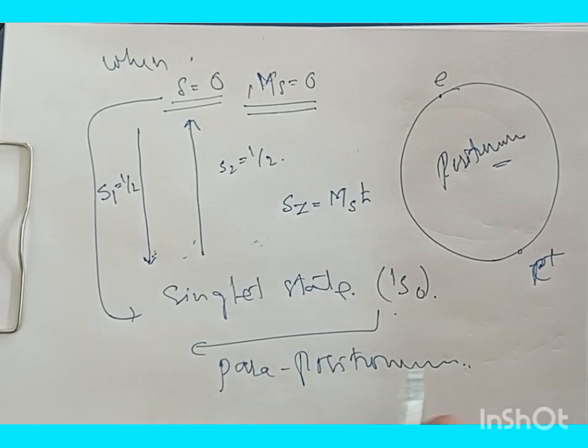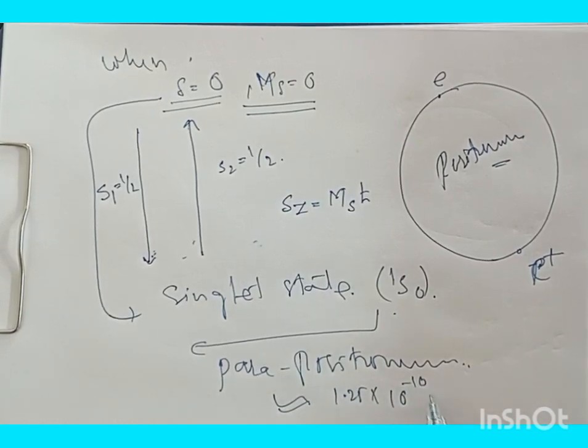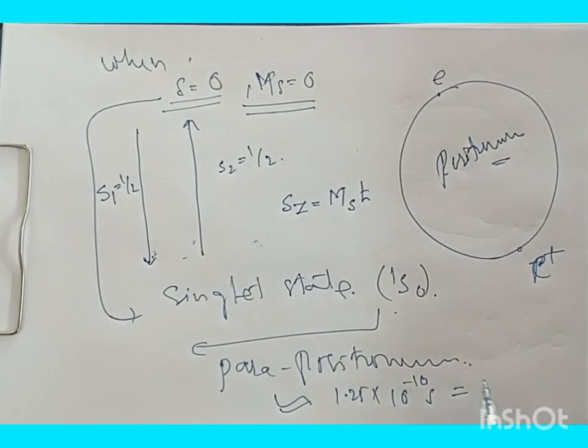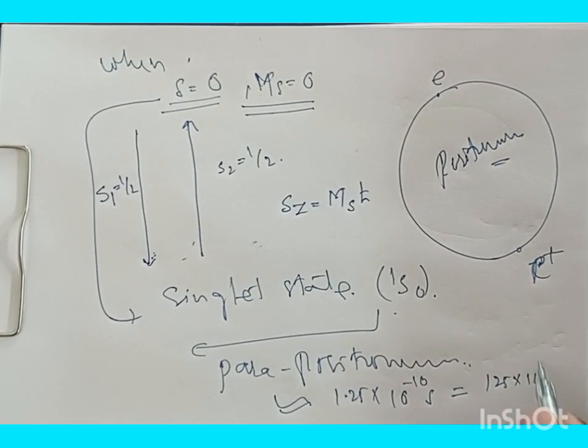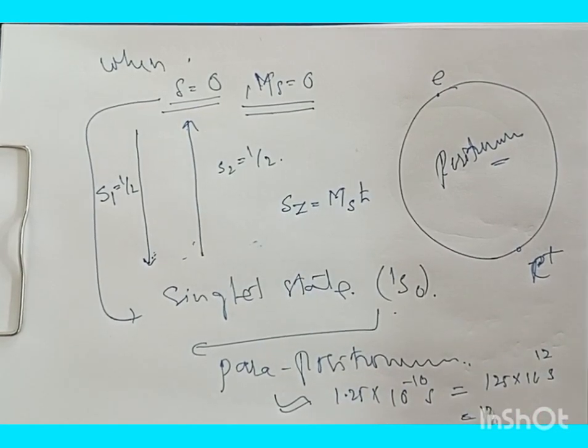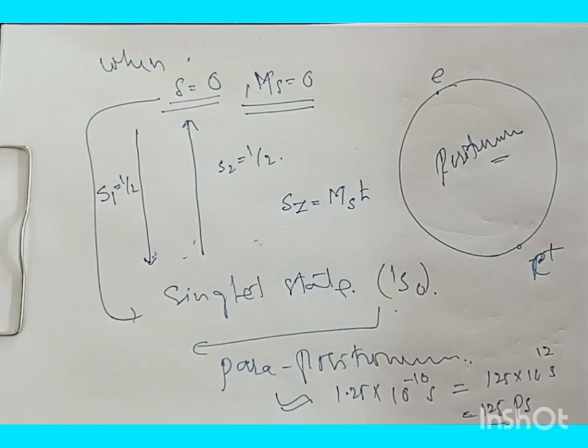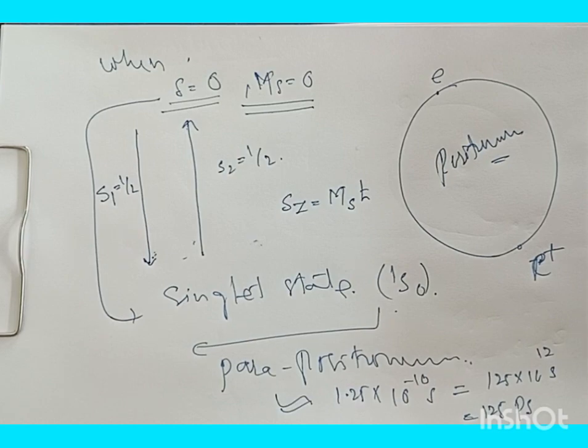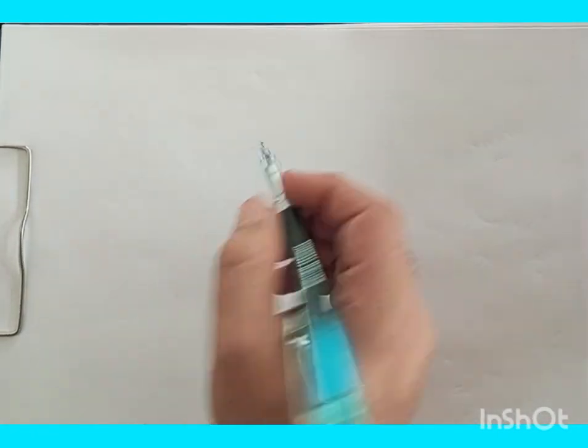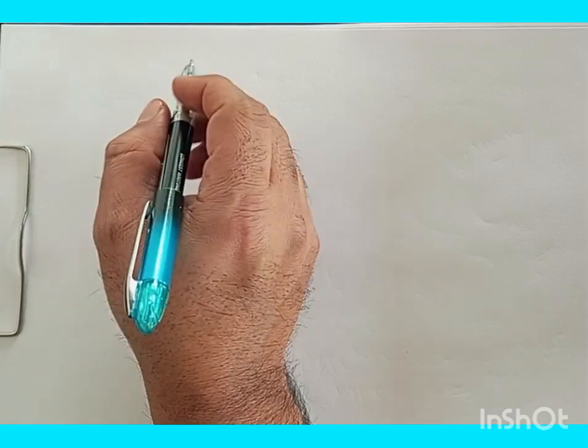Now, the mean life of this para-positronium is nearly 1.25 times 10 to the power of minus 10 seconds, which we can write as 125 times 10 to the power of minus 12 seconds. So this is 125 picoseconds. What it does is decay into two photons, or an even number of photons.